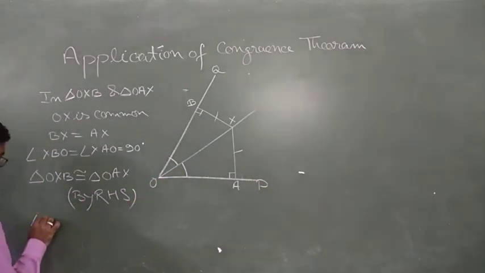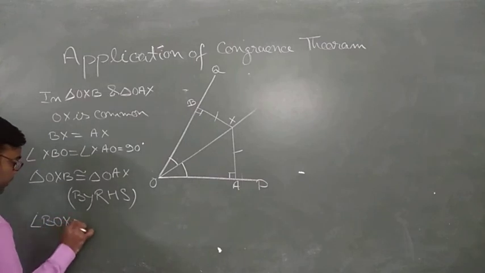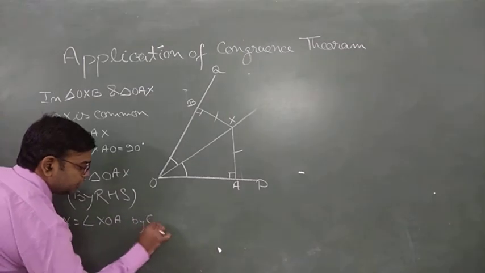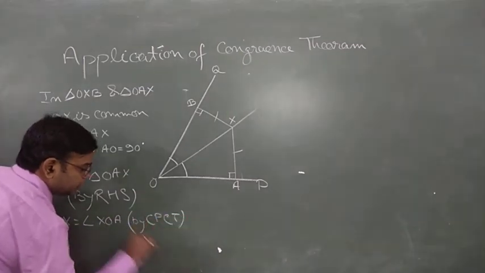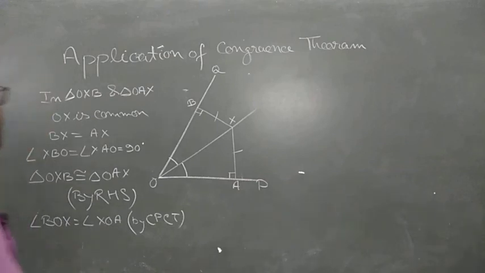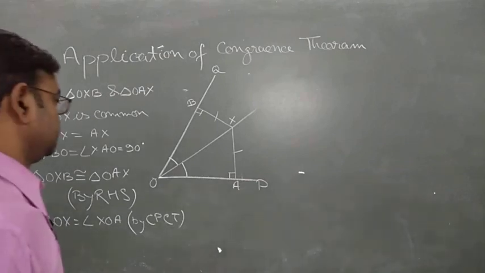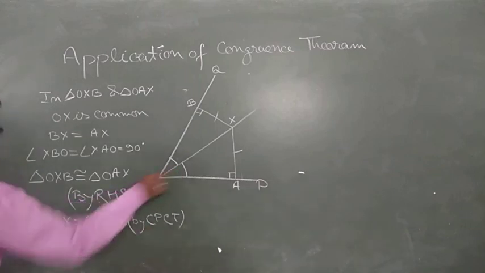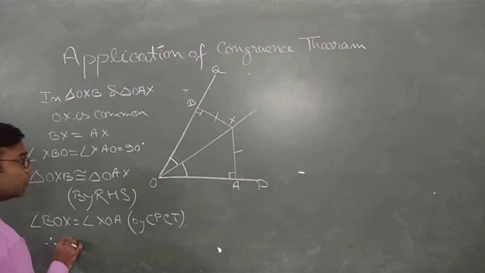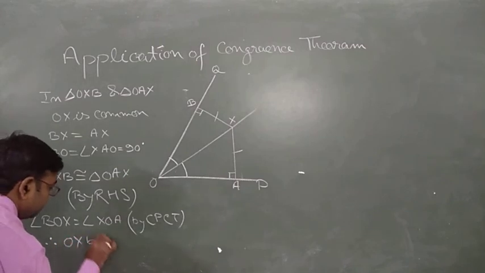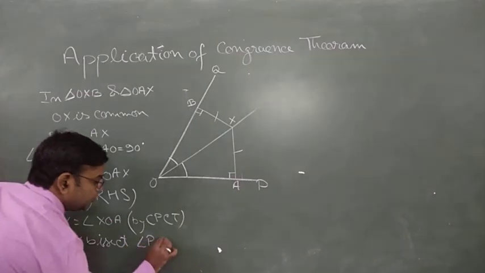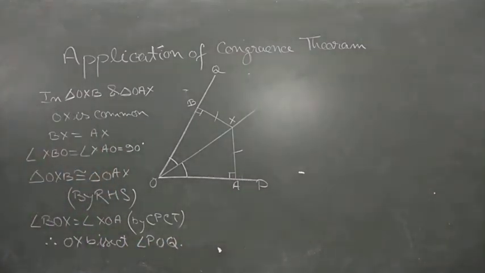Angle BOX equals angle XOA by CPCT, corresponding parts of congruent triangles. Clear? Since these two are equal, we can say OX bisects angle POQ. It's proved. Move to today's last question.